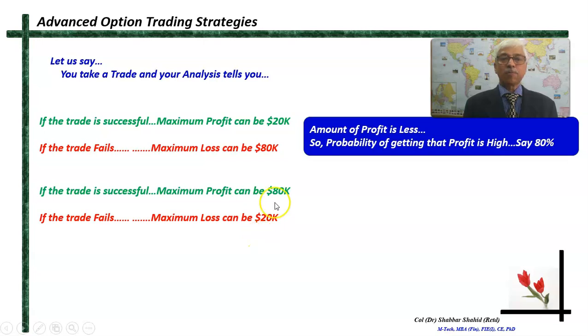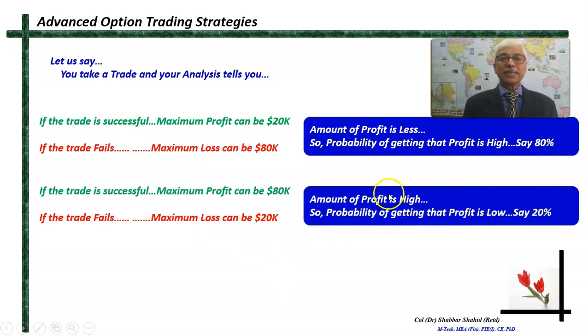Here, the amount of profit can be more, but if the trade goes wrong, then the loss will be very small. If this is the case, what does it mean? It means that the amount of profit is high, and if that be so, then it is very likely that the probability or the chances of getting that profit will be low. It may be just 20%. So 1 out of 5 times you may succeed in such a trade.